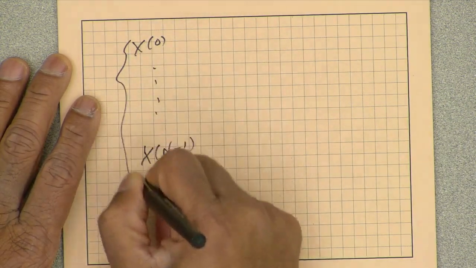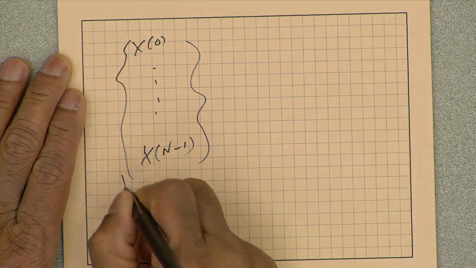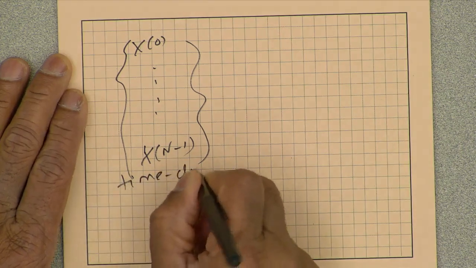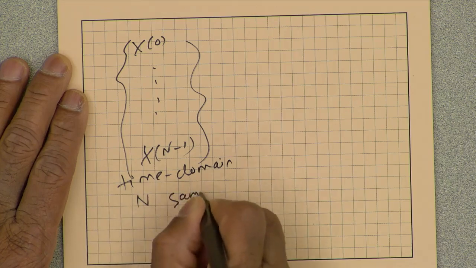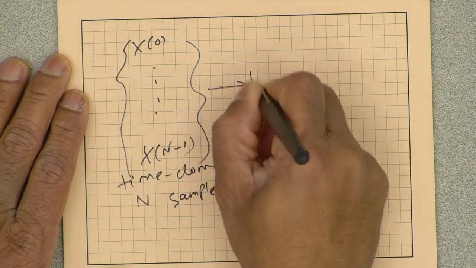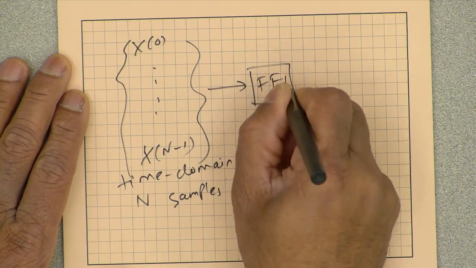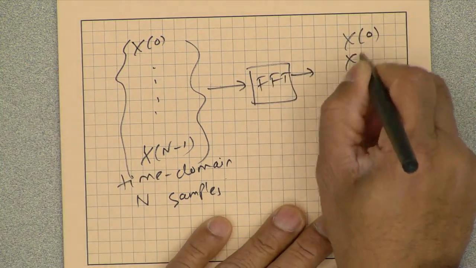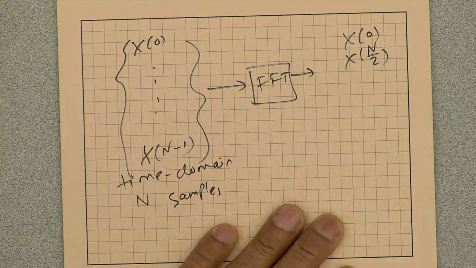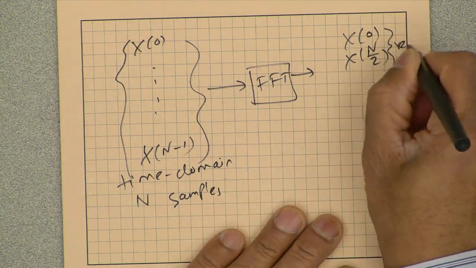These are the time domain N samples. So we have N values, and if we compute the FFT of that, we get X0 and X(N/2). These are real values.